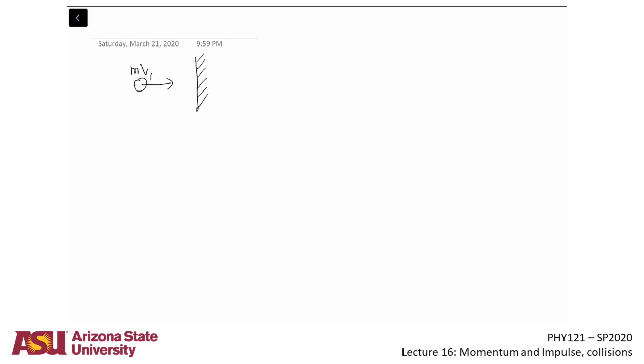So this is v initial. And this is v final. Okay, so the ball comes in, it bounces off the wall, it comes out. Right? What is the change in momentum?